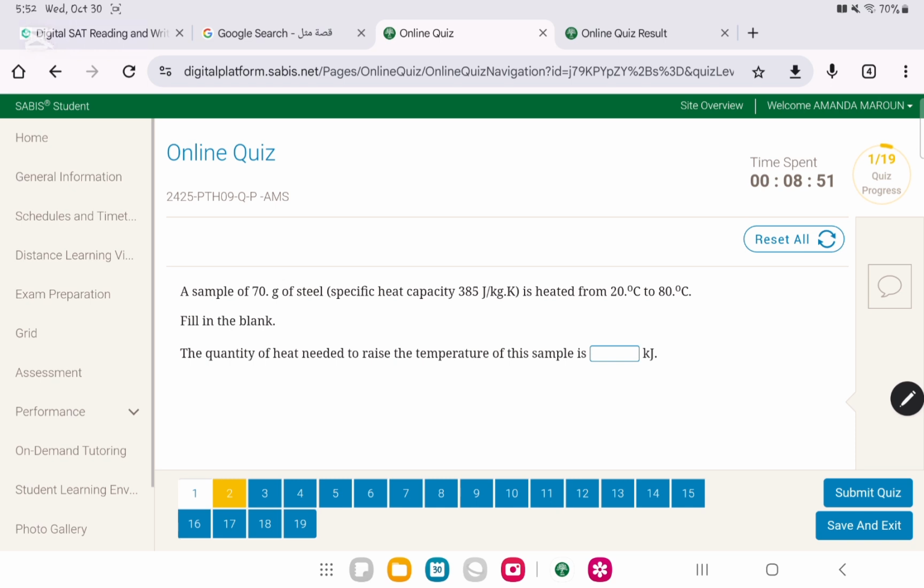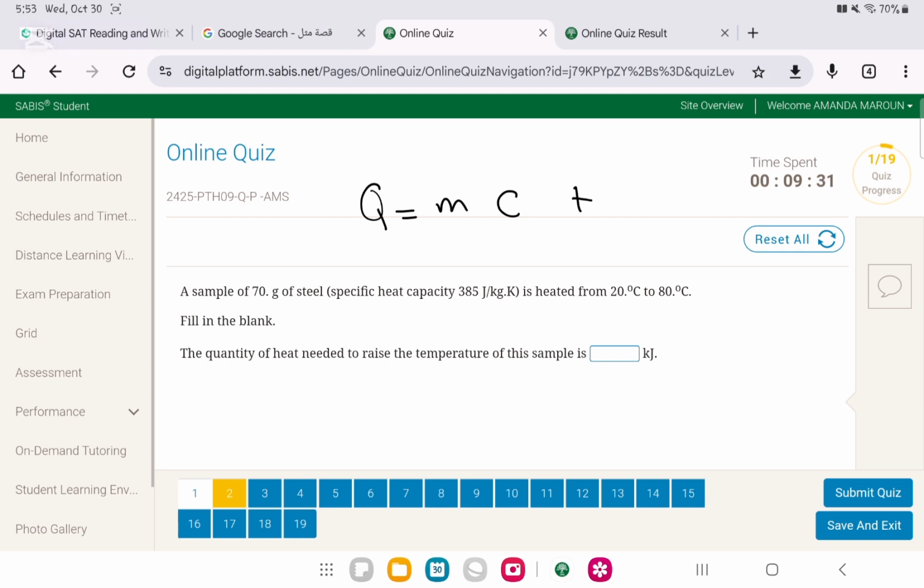Now, question number 2. We learned some equations in physics. I'm going to write them right now. So we have Q equals mcΔT. I'll explain it here and now, since it will come up throughout the quiz, and I'll explain all of the equations related to this part of the quiz.